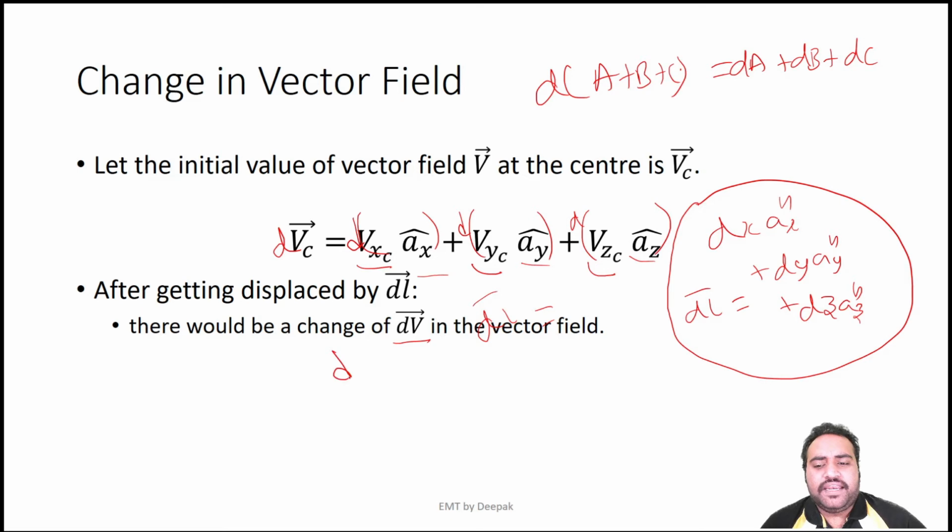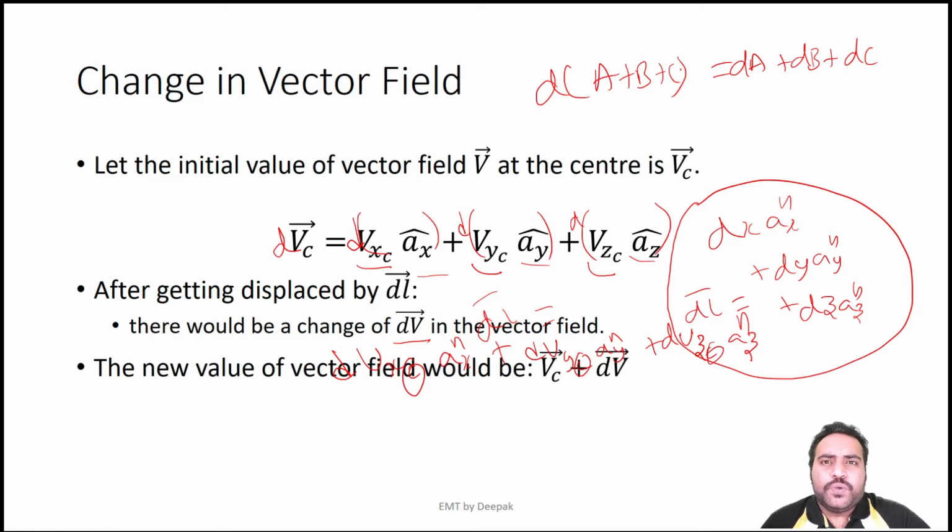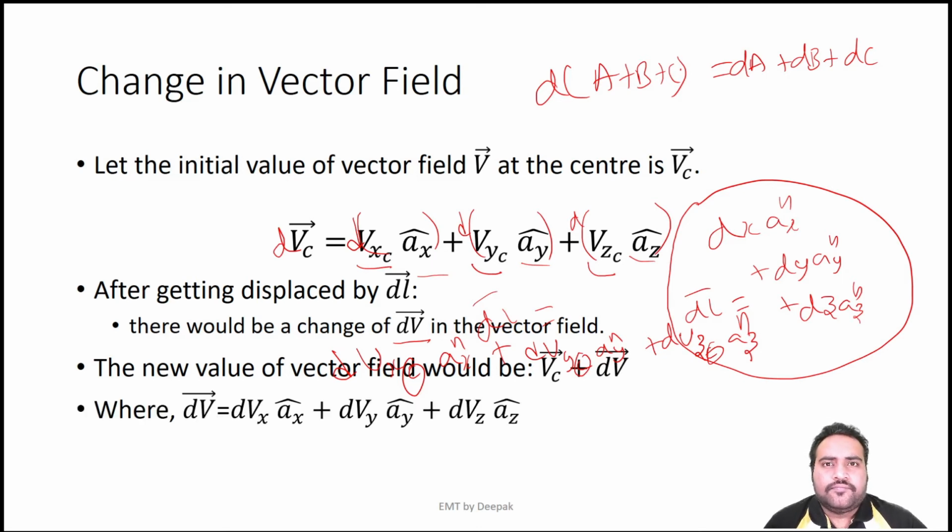So this would be simply turning it to dVxc Ax cap plus dVyc Ay cap plus dVzc Az cap. Or even the centers can be removed. So the new value would be, of course, the original value plus the change. This would be the expression for change in the vector field.